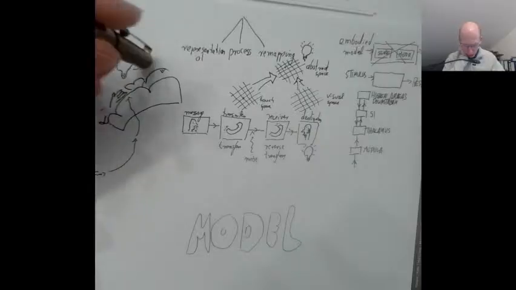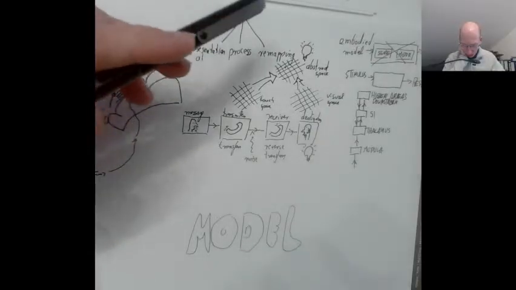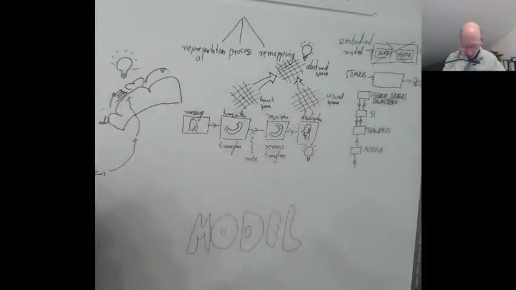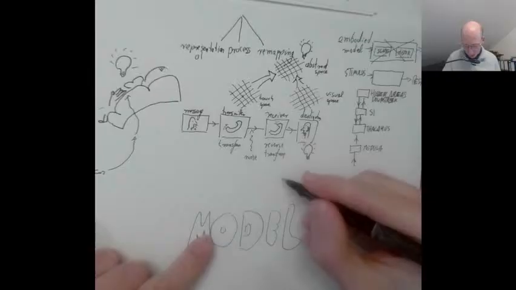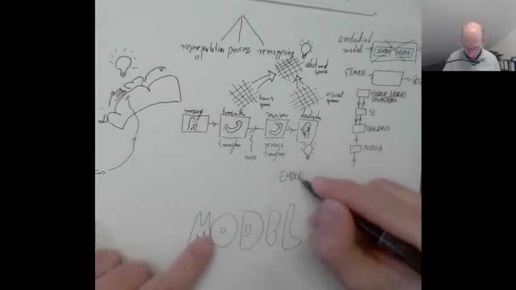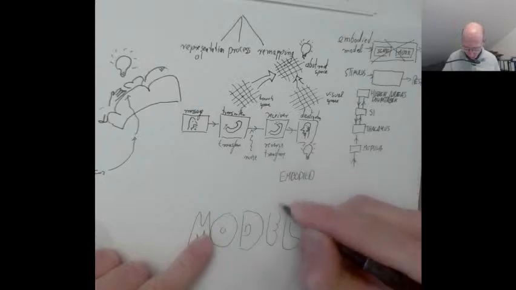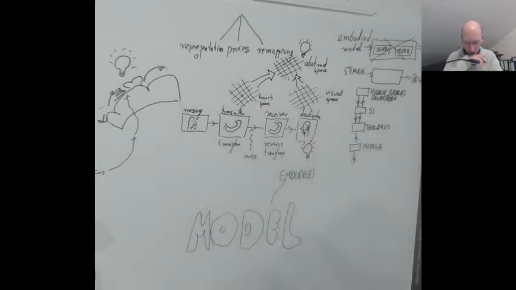I could have representational, process, remapping, and embodied. We do have an E for embodied model, great. We don't have R, P, and R again. So it's time for creative cheating. Let me put embodied here. What are the other types? Representational.